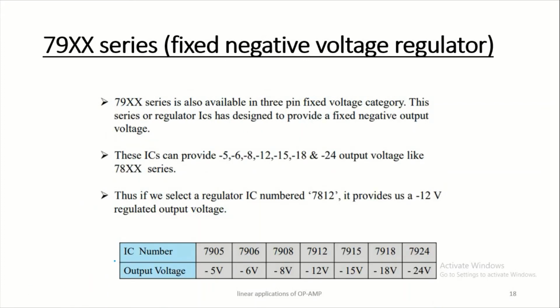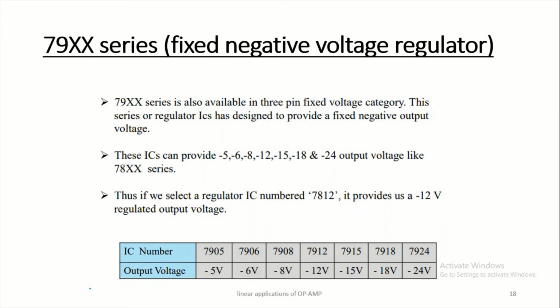Next is the 79XX series, fixed negative voltage regulator. The 79XX series is also available in the 3-pin fixed voltage category. This series of regulator IC has been designed to provide a fixed negative output voltage.